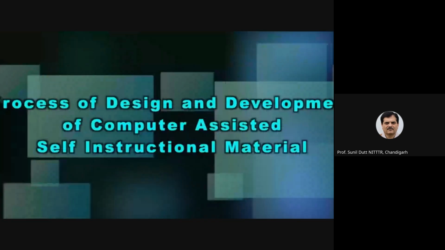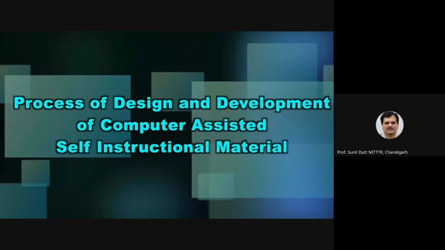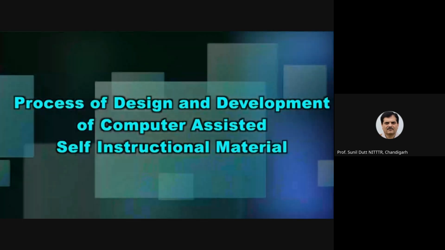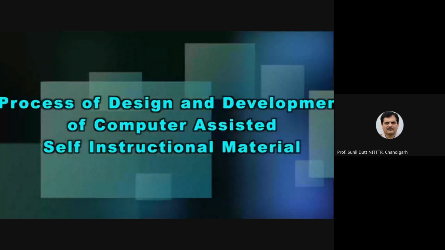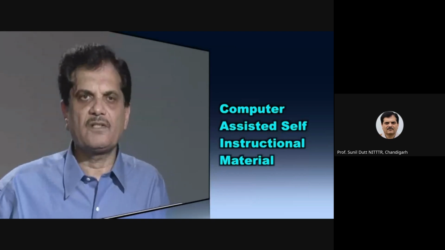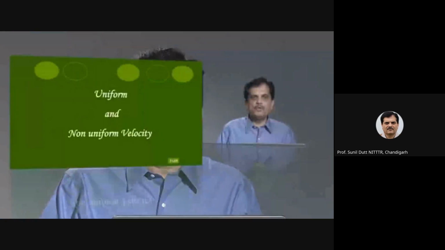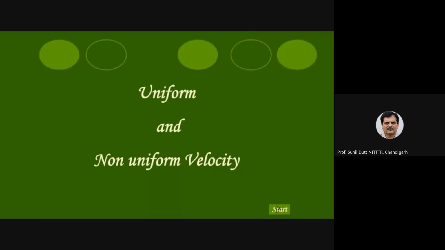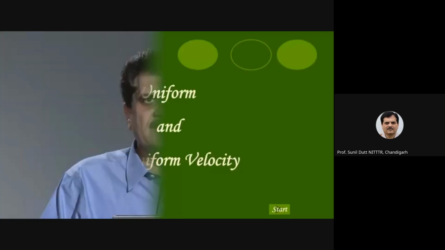Welcome, dear learners, to massive open online course on self-learning material development. Dear learners, you have already understood the process of design and development of computer-assisted self-instructional material. In this video, you will have a feel of computer-assisted self-instructional material. Let us take an example of uniform and non-uniform velocity from the subject of physics.